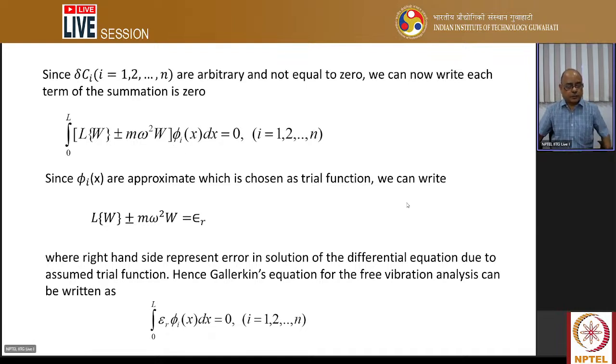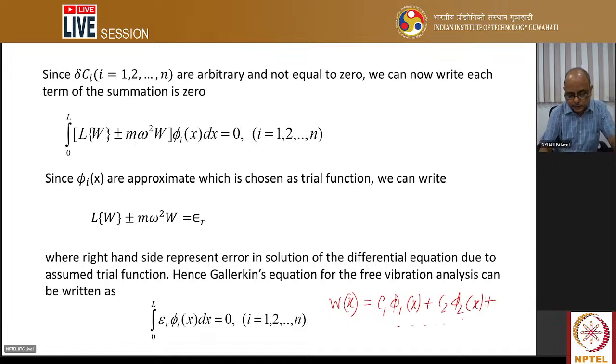If we assume the mode shape function is composed of W(x) as C1 phi 1(x) plus C2 phi 2(x), like that, up to Cn phi n(x), then this is also an approximate mode shape, but we increase the number of terms.